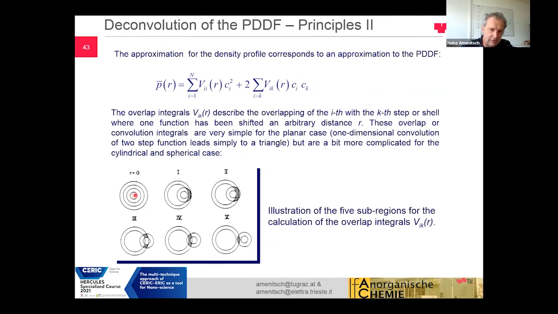Then you have the different contributions of the rings, and then you have to calculate the convolution square. And then, if you do the math right, you get the convolution integral. So this would be the self-convolution. You take the ring with itself, with this development coefficient, but you have also the cross terms.